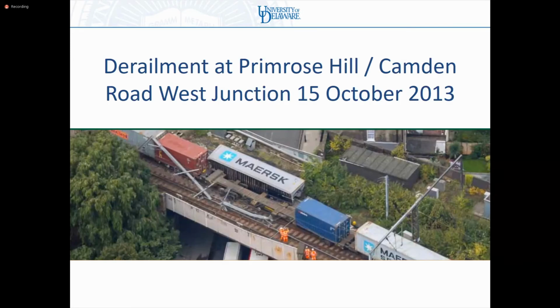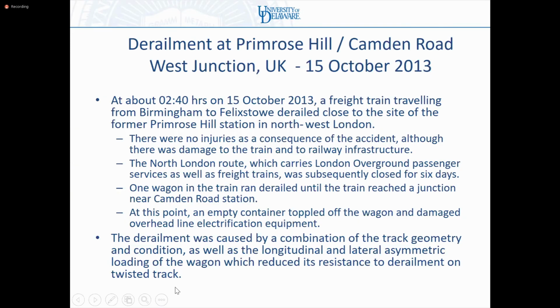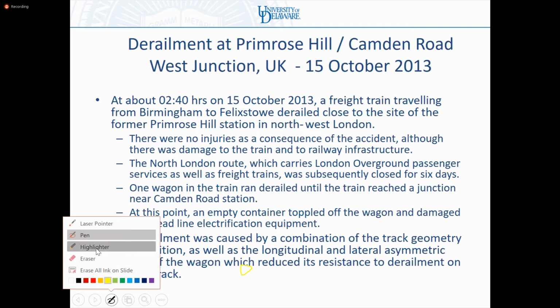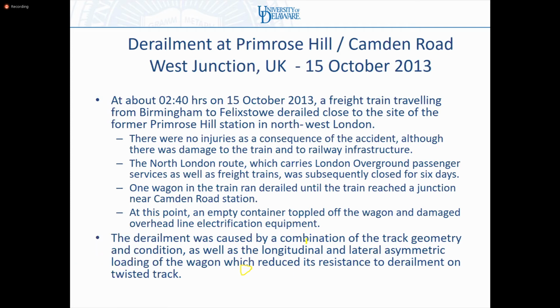This was a classical track geometry type of derailment. Because a lot of the track geometry derailments are track train dynamic derailments, and we said before there are a lot of other components in here.